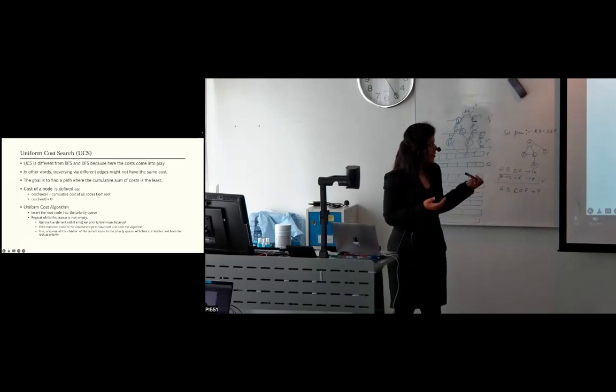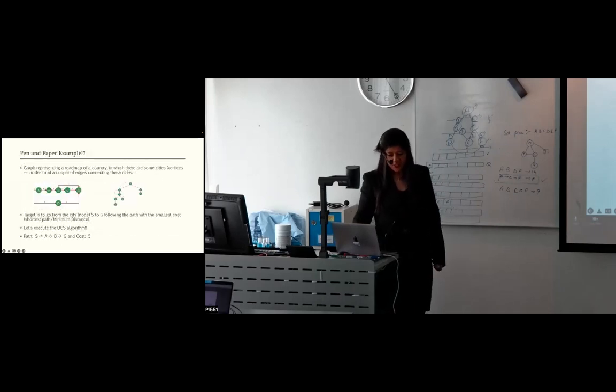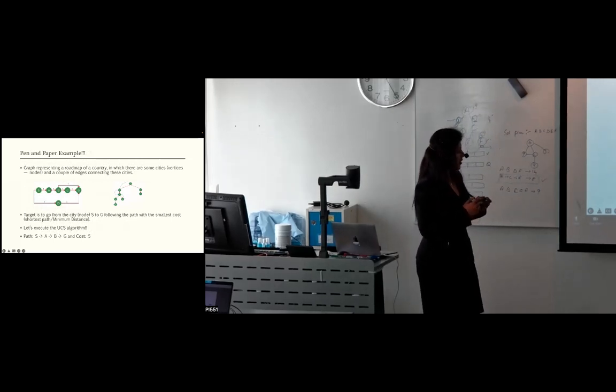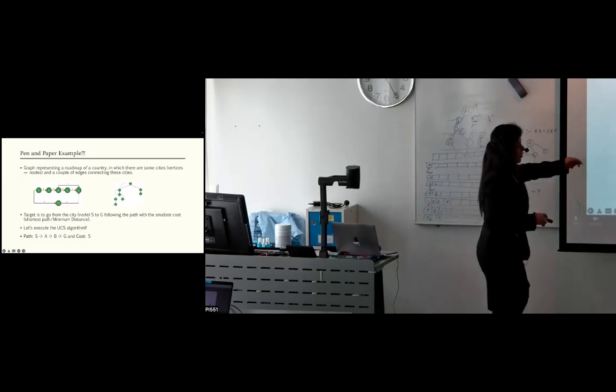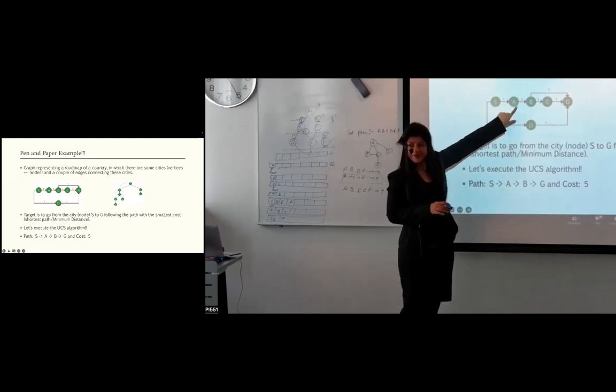So yes, this is the uniform cost search, and now we are going through a pen and paper example. In this graph, as you can see, there is a roadmap of a country in which there are some cities. These are the cities.